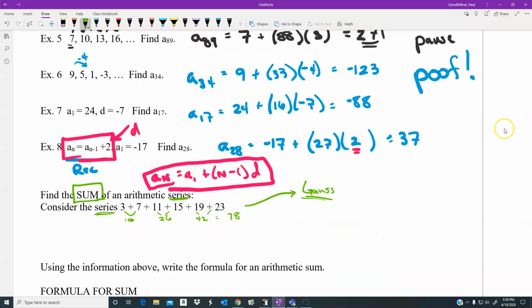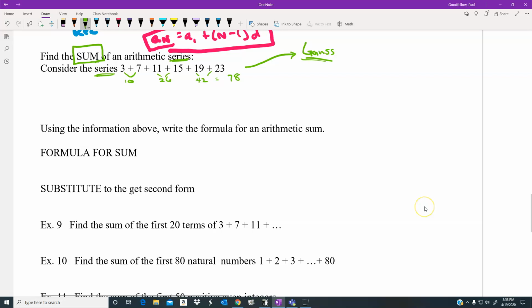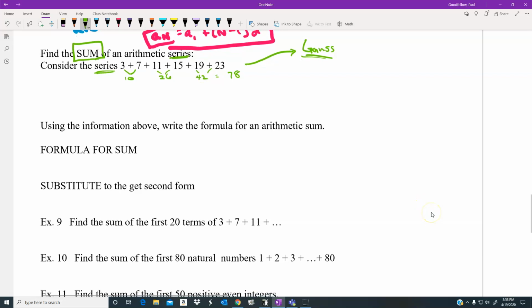So now let's see if we can figure out what we should write. The formula for the sum of an arithmetic sequence would look something like the following. First off, you would need to know that the summation is going to be a big S. This is the way they write this. And then they'd say, hey, we're going to sum up the number of terms in the sequence. Say I want to sum up the first 100, or the first 50.